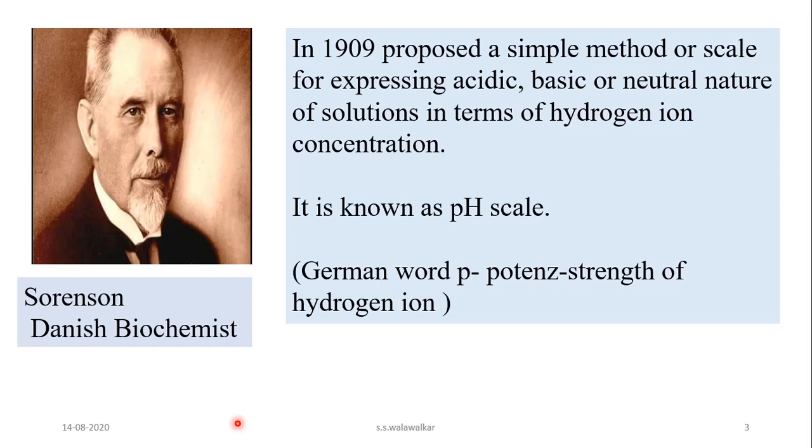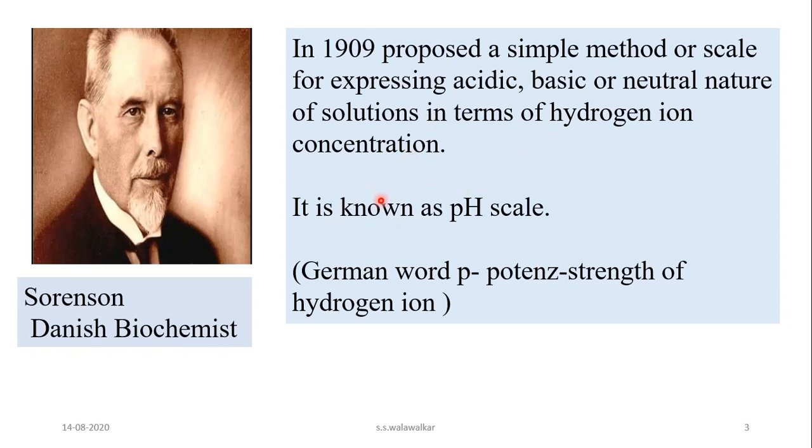Hence, in 1909 the Danish biochemist Sorensen proposed a simple scale for expressing the acidic, basic or neutral nature of a solution in terms of hydrogen ion concentration.